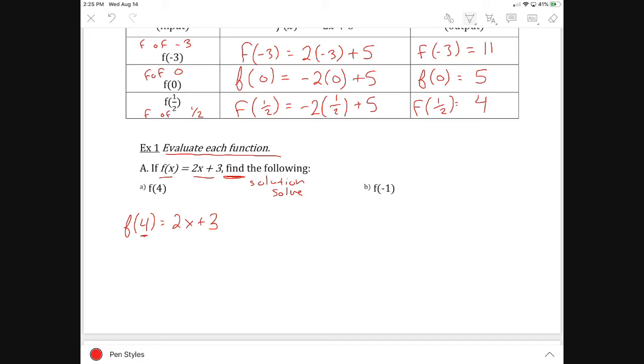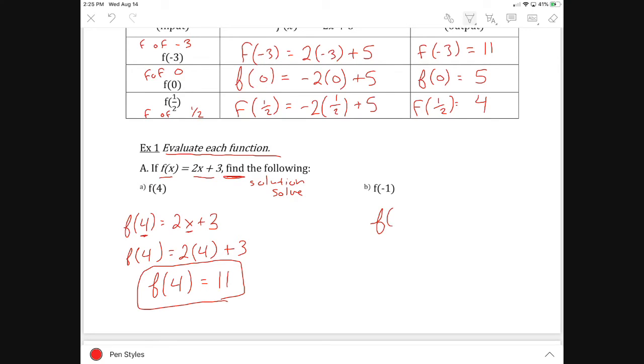So now we're going to be plugging in 4 for each x in our equation. So f of 4 equals 2 times 4 plus 3. Doing our simple addition subtraction, f of 4 equals 8 plus 3, which is going to give us 11.